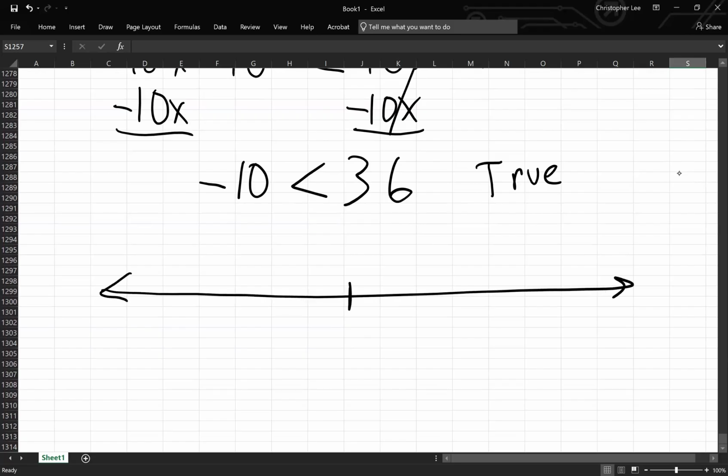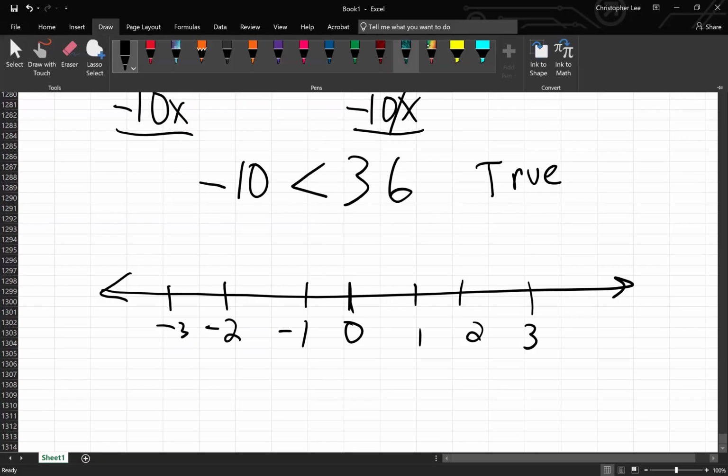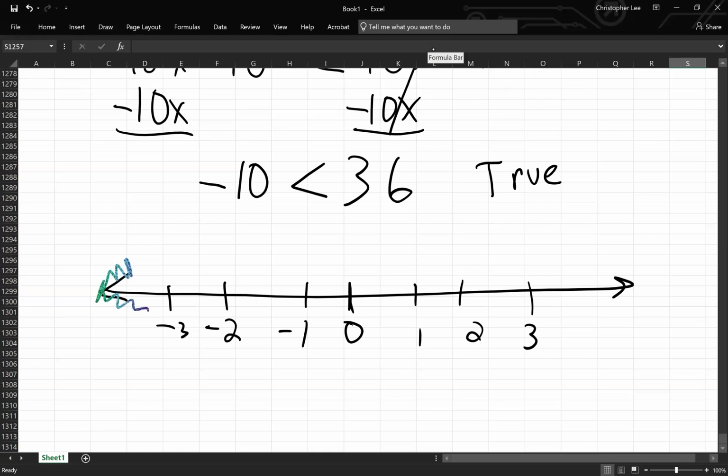This is your number line right here. I'm going to start off with 0. It's -1, -2, -3. This is 1, this is 2, this is 3 right here, right? And then I want to graph it, right? The whole number line, everything gets graphed right there, right?